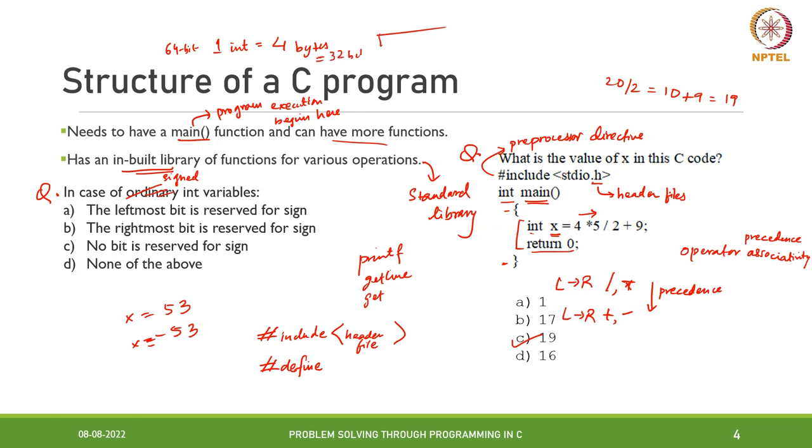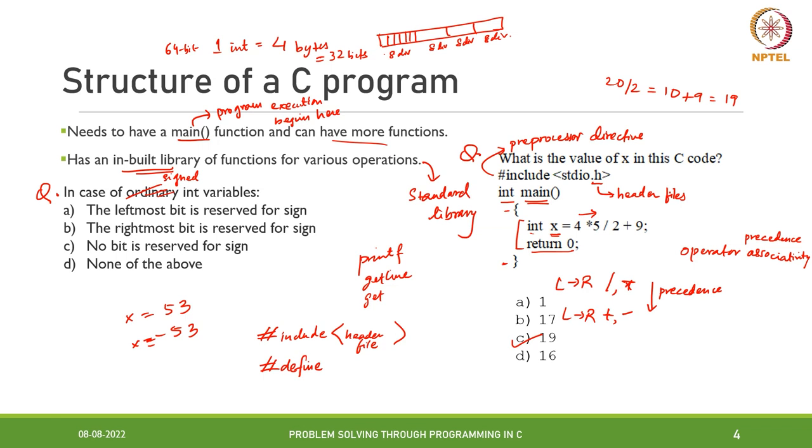So 32 bits of space basically. So if you draw that really long one, first I will divide it into 4 parts, and each of these 4 parts will have 8 divisions. And that will make a total of 32 bits.